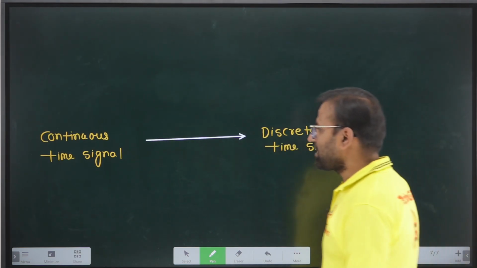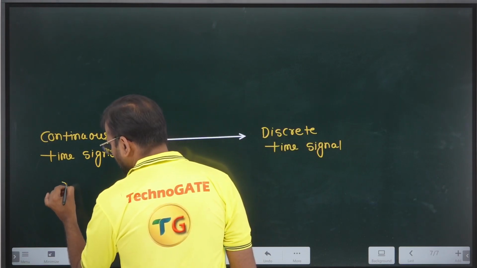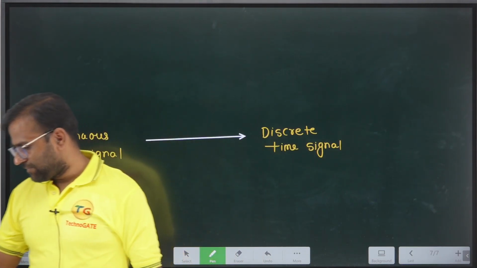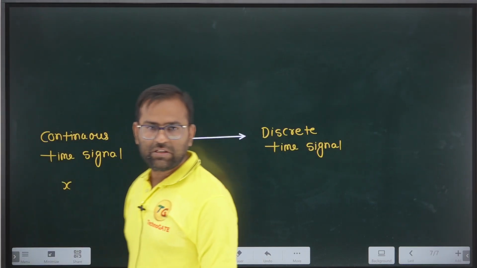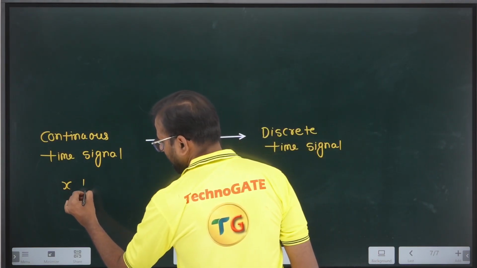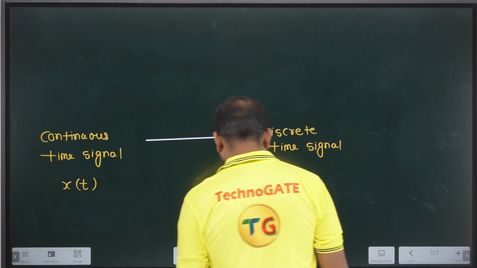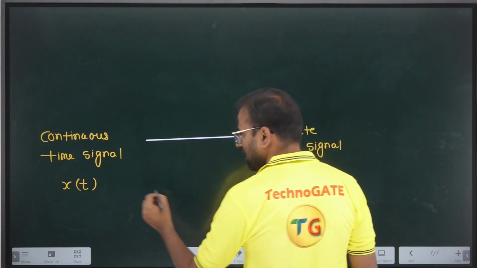Continuous time signal to discrete time signal, or you can say if this is x of t, this will be x of nTs.